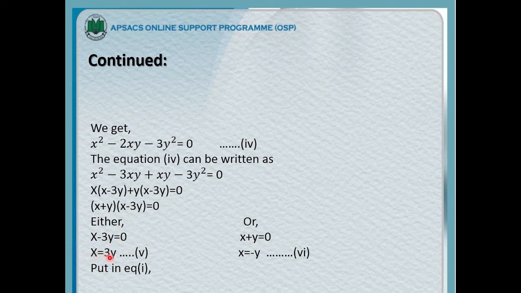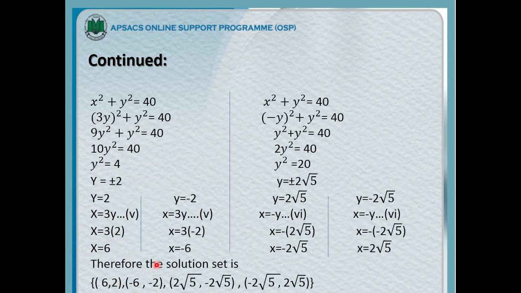We have x equals 3y and we have x equals minus y. Now by substituting these values in equation number 1, x square plus y square equals 40 is the first equation. The value of x is 3y. So by putting this value, we get two values of y. And by putting the value of x equals minus y in equation number 1, we get two values of y.